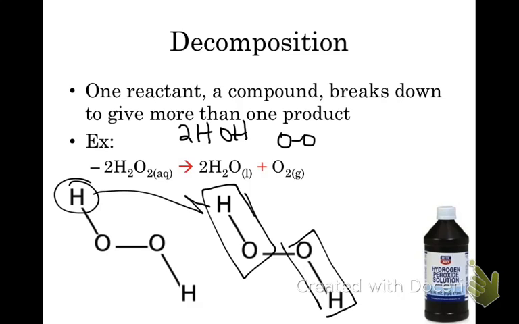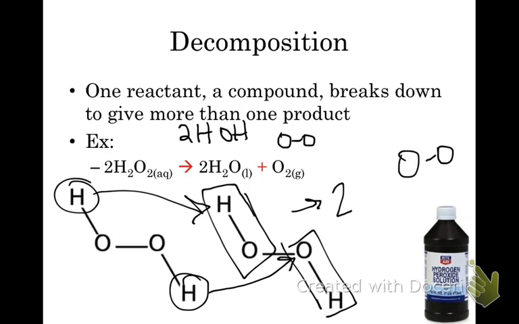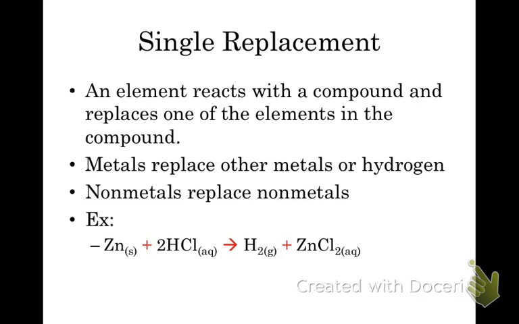So these can combine with those. What you end up with is an oxygen and two waters. So again, this is decomposition. You're starting out with the reactants, in this case hydrogen peroxide, and then you're producing more products at the end.